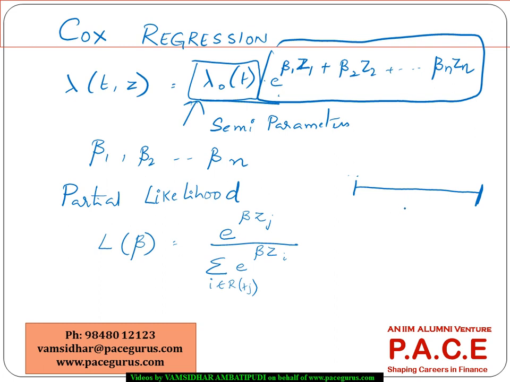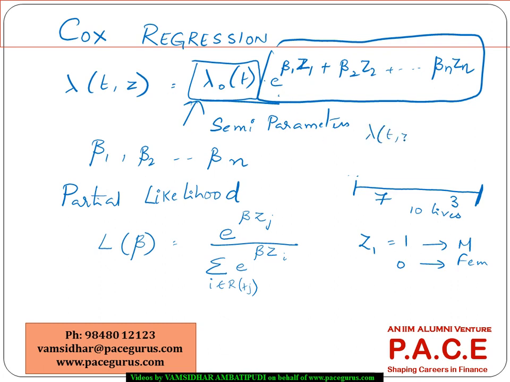Let's assume I am considering 10 lives, 7 of them males and 3 of them females. Because gender is a categorical variable, I'll create a covariate z1 equal to 1 meaning male, 0 meaning female.